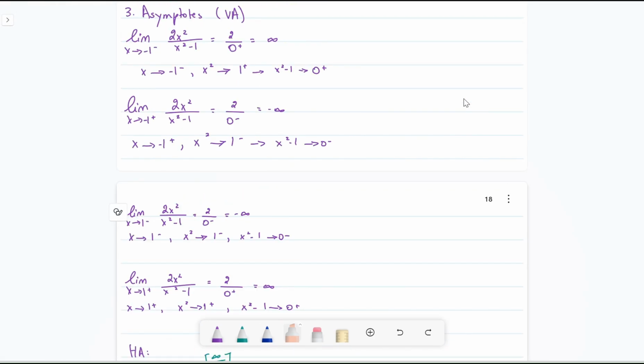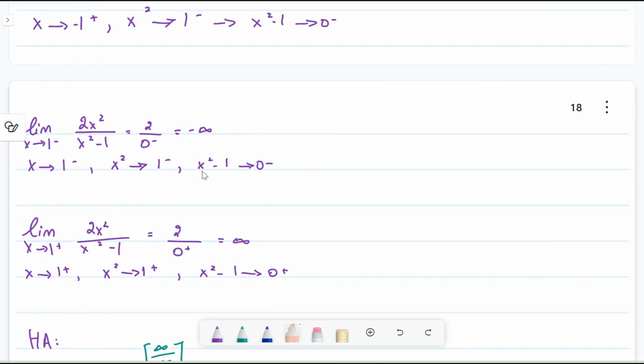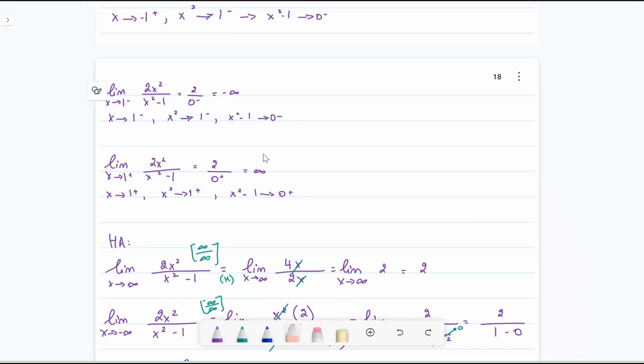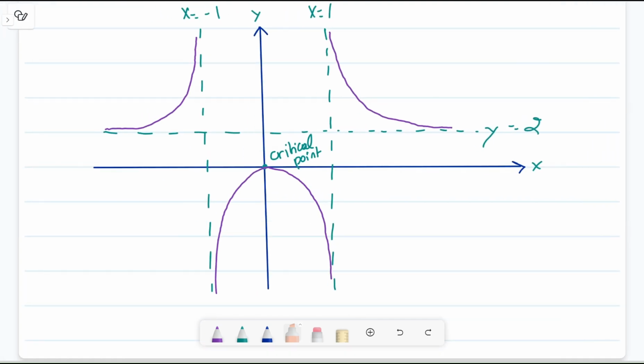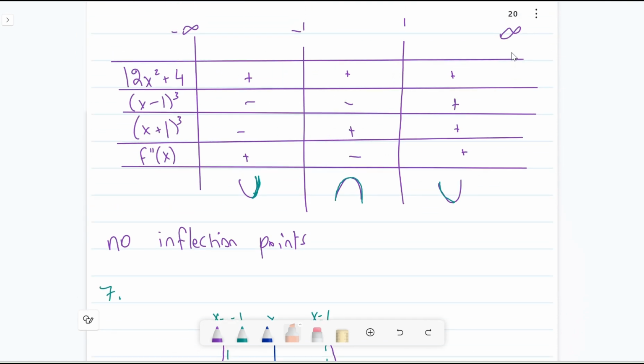Now let's continue. As we approach 1 from the left, the graph approaches negative infinity, and as we approach 1 from the right, the graph approaches infinity. So let's see if this is correct. So as we approach 1 from the left, the graph approaches negative infinity. As we approach 1 from the right, the graph approaches infinity.